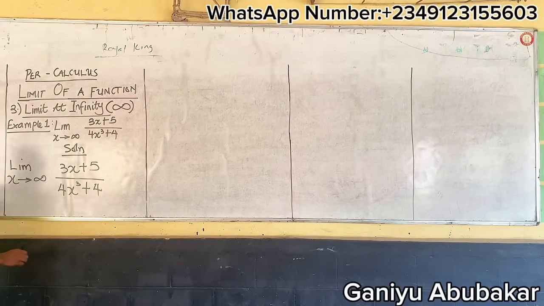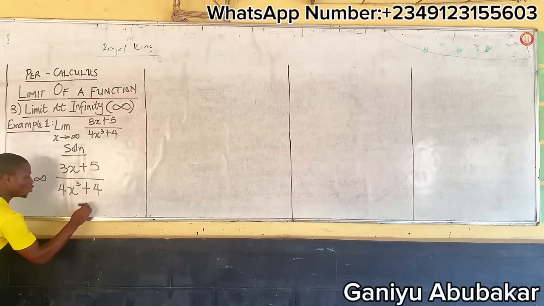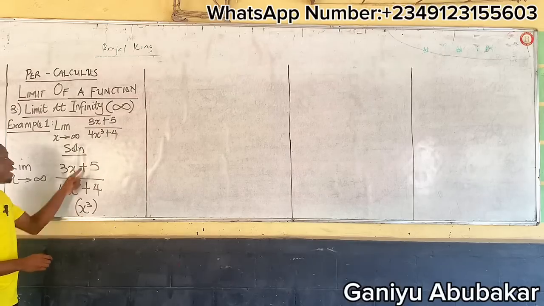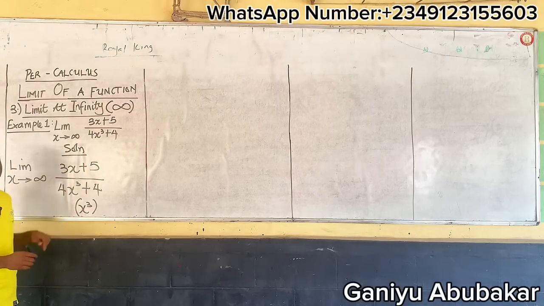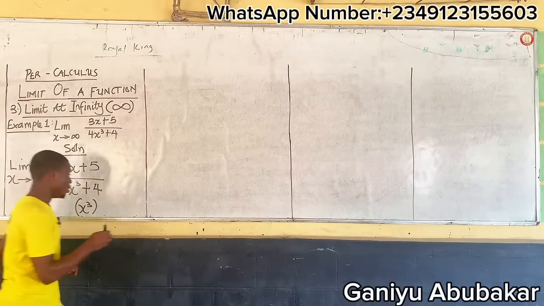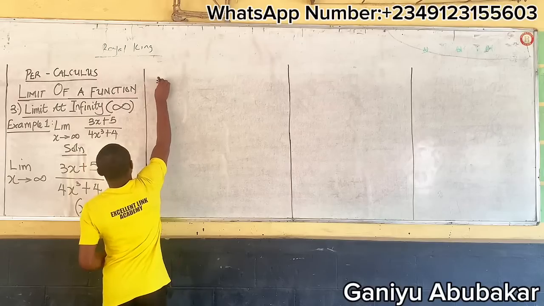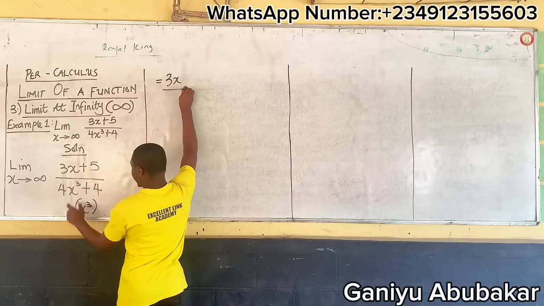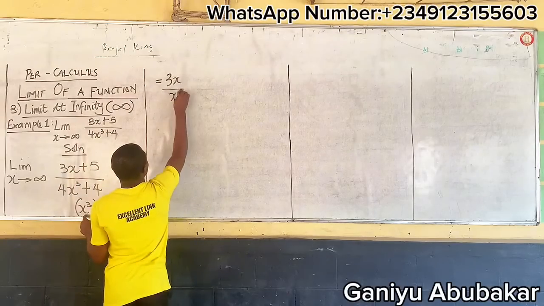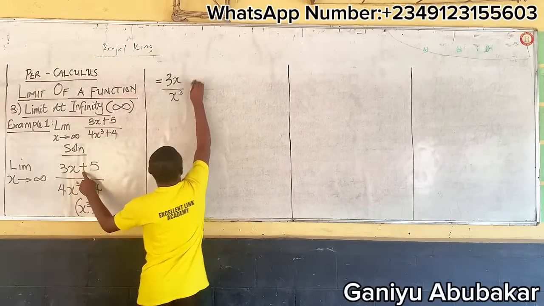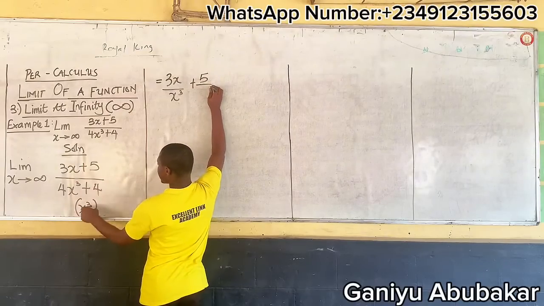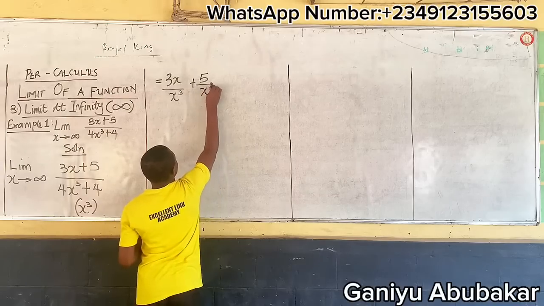My highest power here is what? x cubed is simply the highest power here. So I'll divide each of the terms in this function by the highest power. So what is first? This first term here, that's 3x divided by the highest power, which is x cubed, plus 5 over the highest power x cubed, so divide by x cubed.